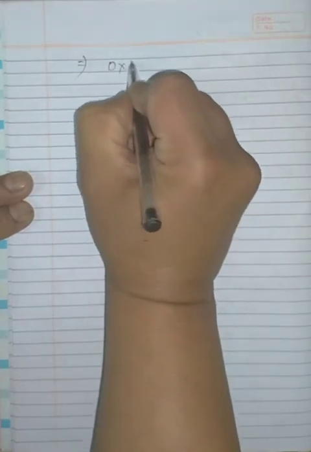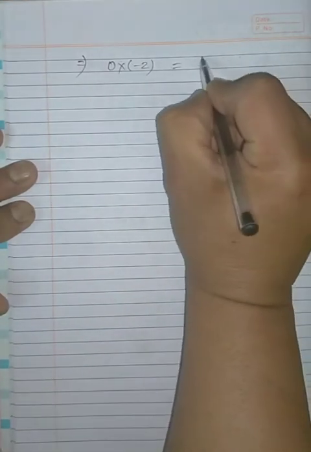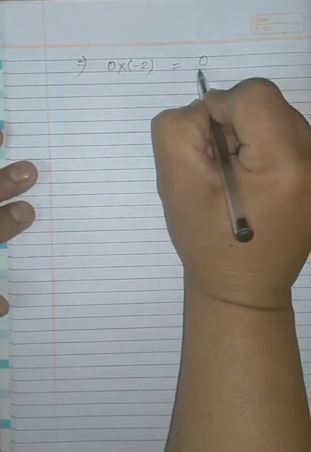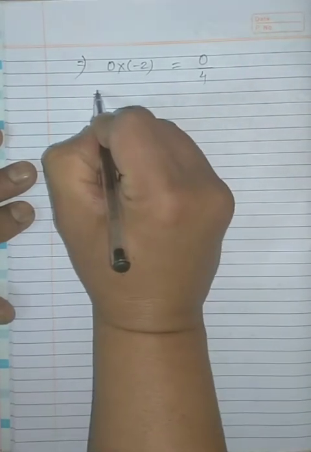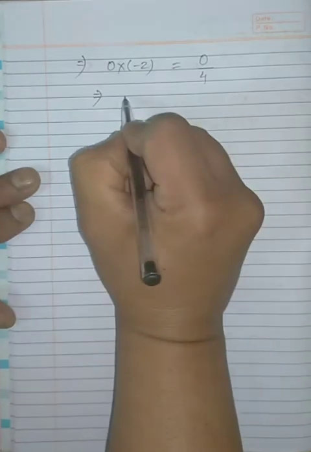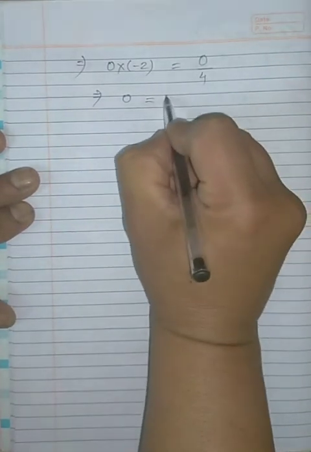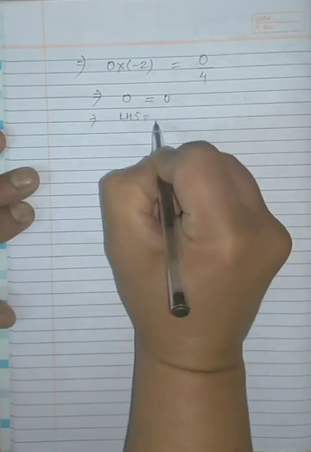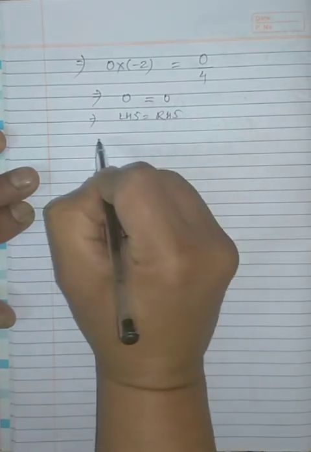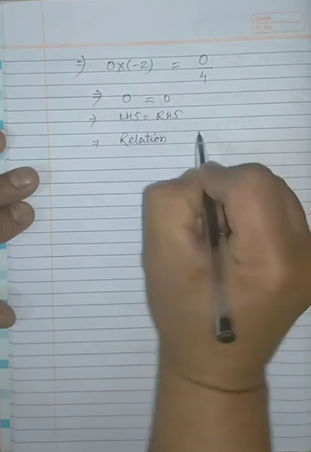The value of c is 0 and the value of a is 4. So 0 into minus 2 is 0, and that is equal to 0 upon 4, which is also equal to 0. So once again we have LHS is equal to RHS. That means the relation is verified.